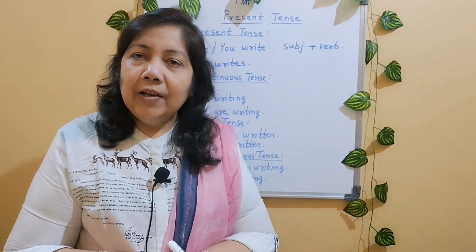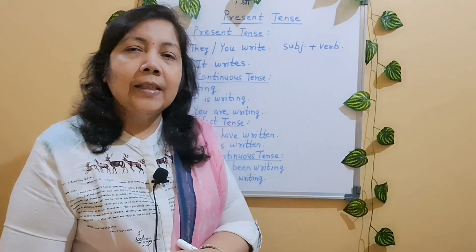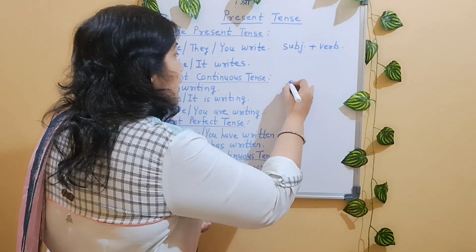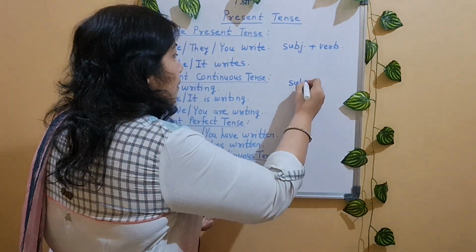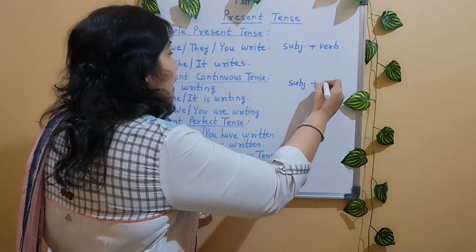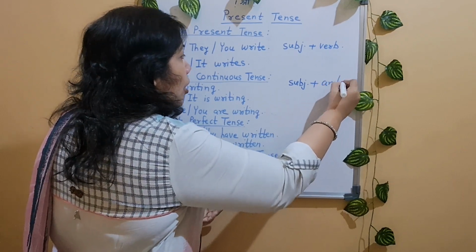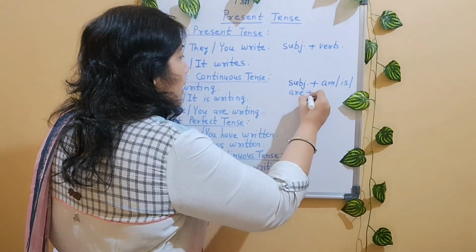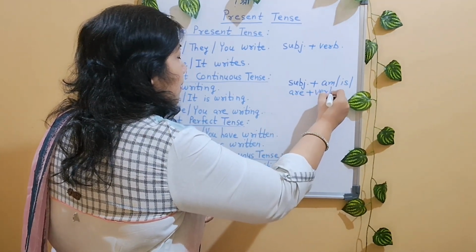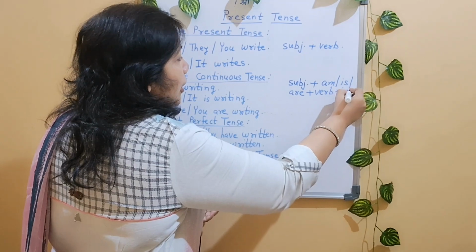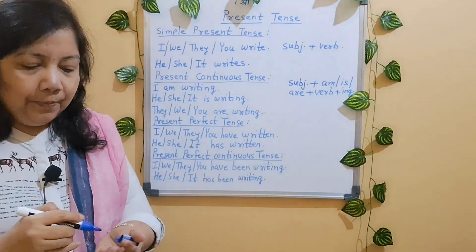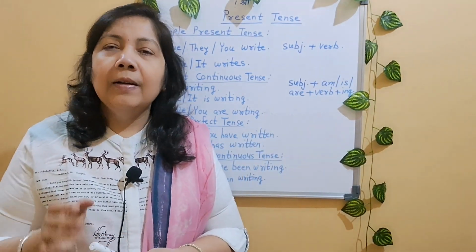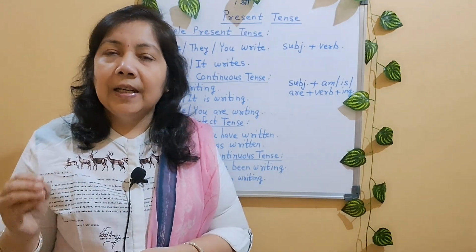Now the second kind of present tense is present continuous tense. Now in present continuous tense, the structure is subject always first, plus am or is or are, plus verb and plus ing is added to that verb. That is the structure for present continuous tense.